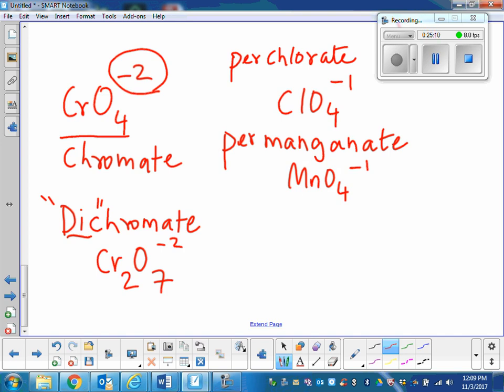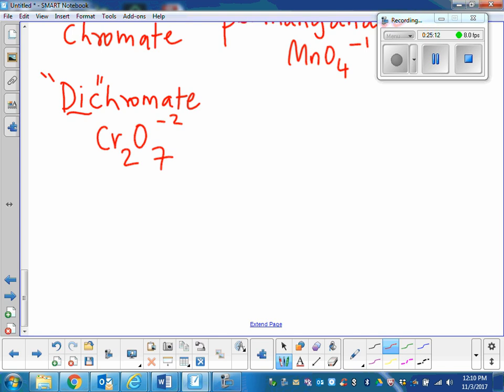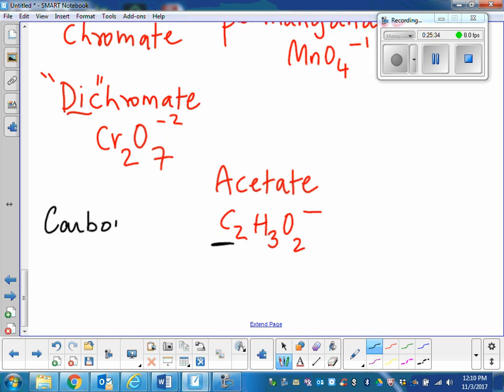Okay. The very last one on this list is acetate. C2H3O2 minus. It's very special because it contains carbon. A carbon-containing polyatomic ion. There are actually a wide number of carbon-containing polyatomic ions.